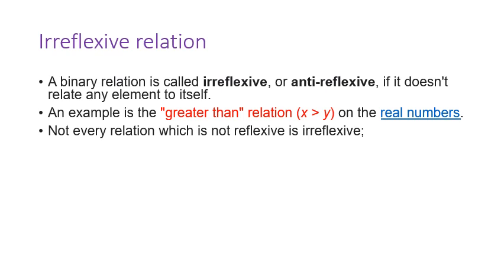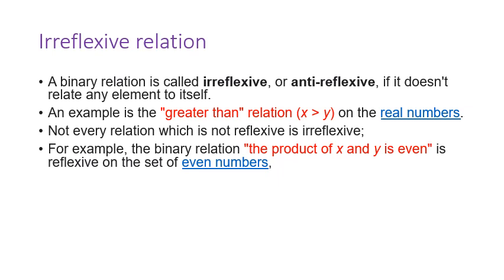If there is irreflexivity in a relation, then there will be no reflexivity in the given relation. So once irreflexive is there, then reflexivity is not there. And the other way, a relation which is not reflexive may not be irreflexive.